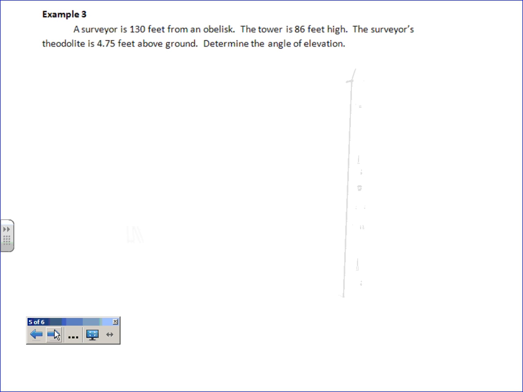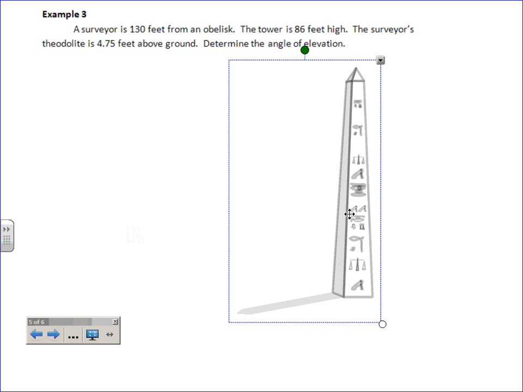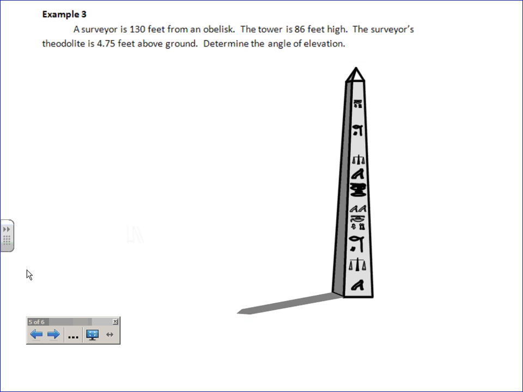It says that tower is 86 feet tall, so there it is, and we will say that is 86 feet tall. So from there down to there, 86 feet. Obviously, if you just want to make a tower on your notes, that's fine. Or if you just want to draw a triangle, that's fine too, but you might want to be careful.